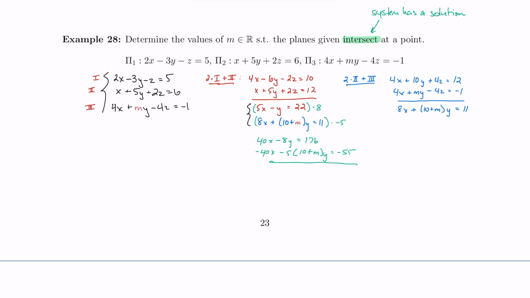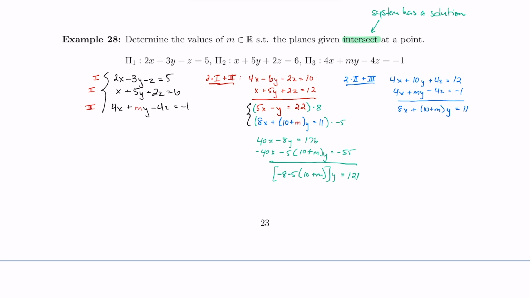We get some stuff. So the 40s cancel out. Let's see, I'm just trying to figure out the best way to express this. I'm going to get -8 minus 5 times 10 plus my equals 121.